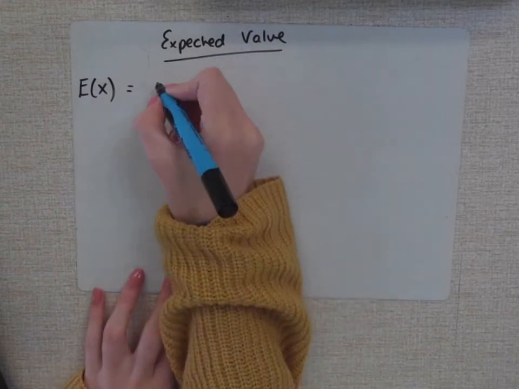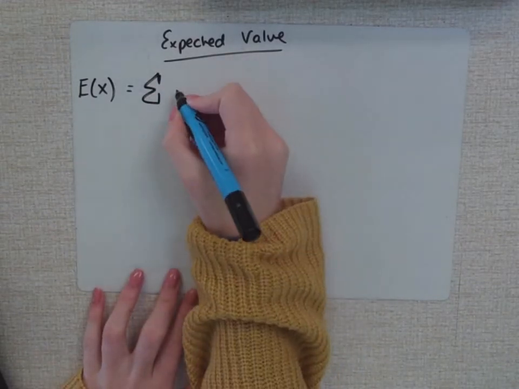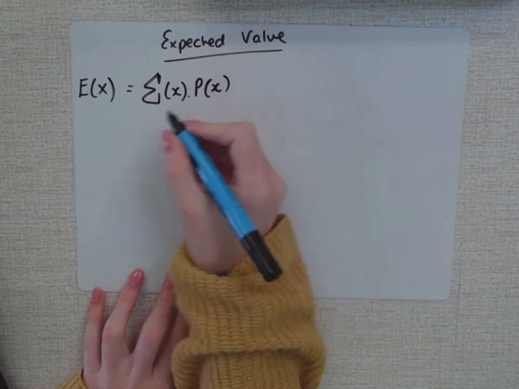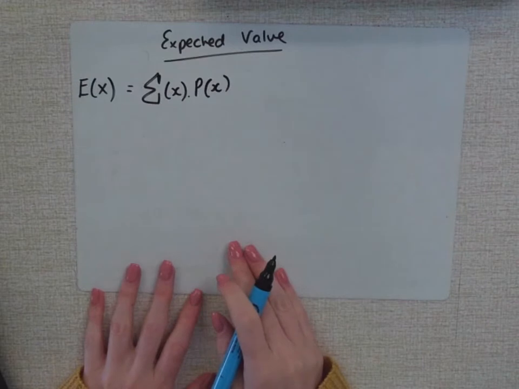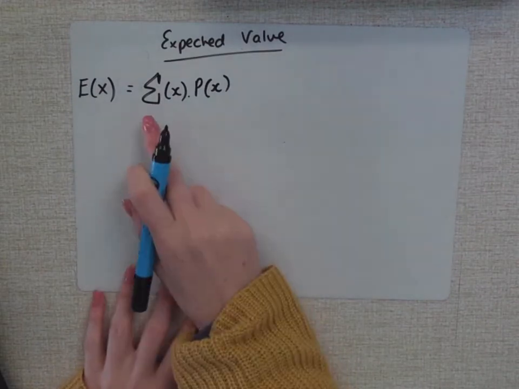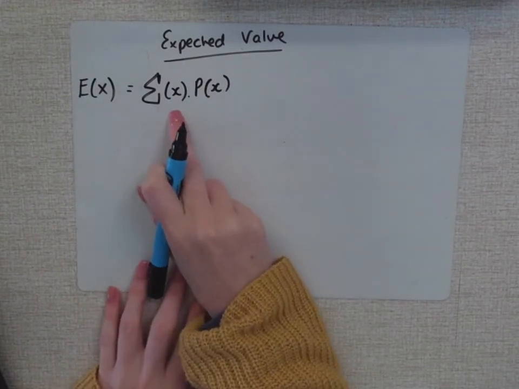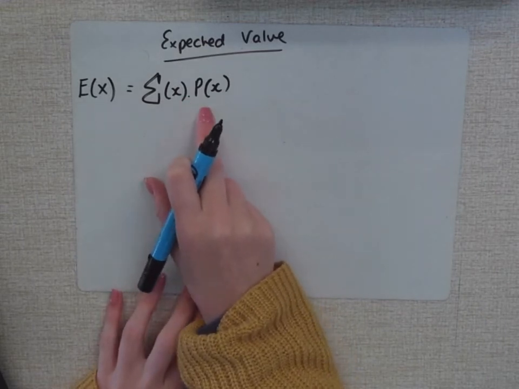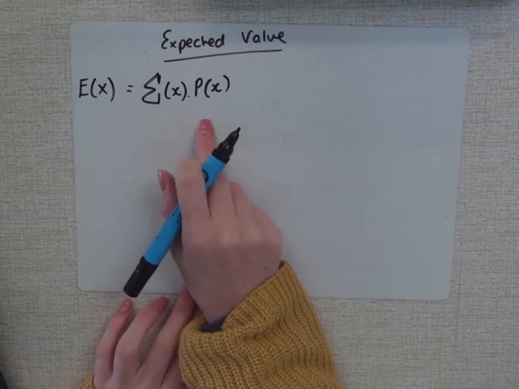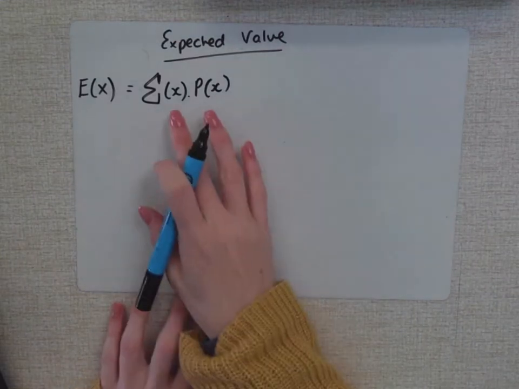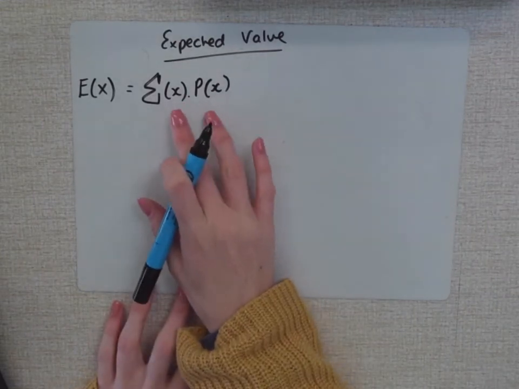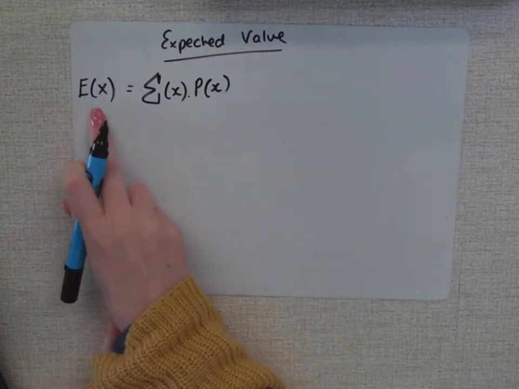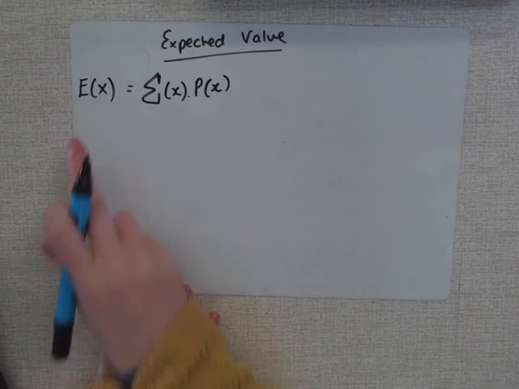But it is, do you remember what that symbol means? It's the sum of. So the sum of the outcome x by the probability of x. You're adding up. So you multiplied the probability by the outcome, and then you're adding all of those up. And E of x is the expected value of x.